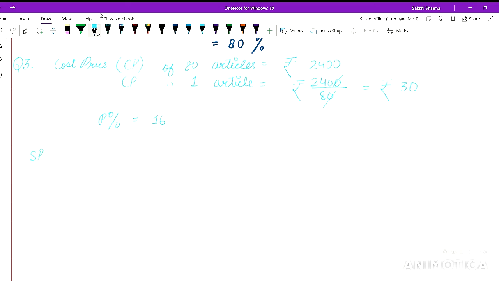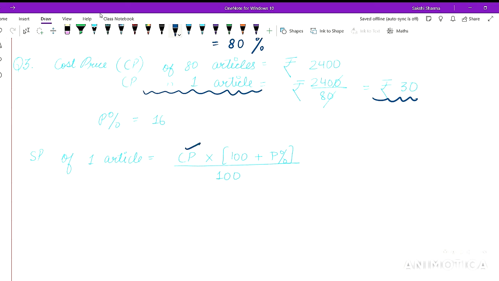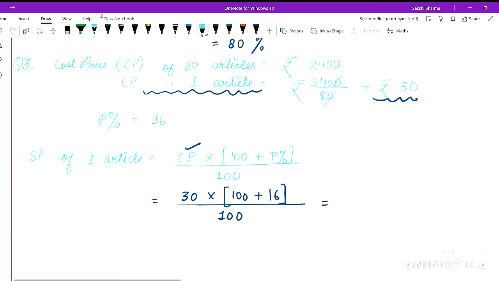In order to find out the SP of one article, I will apply this formula. Now I want to use the CP of one article, so I will be using 30 here. Profit percentage is 16. Simplify and obtain your answer.